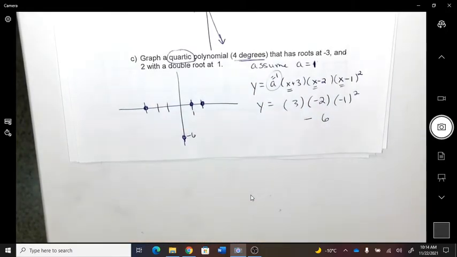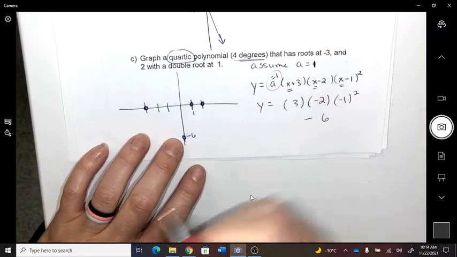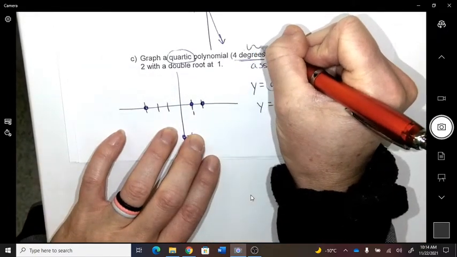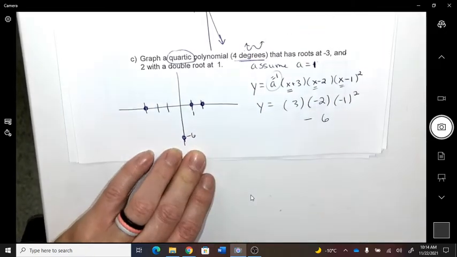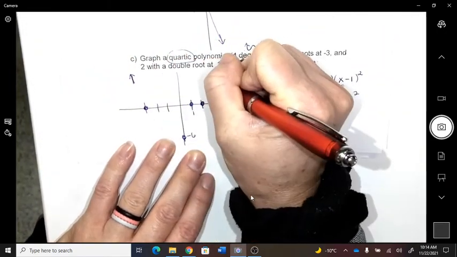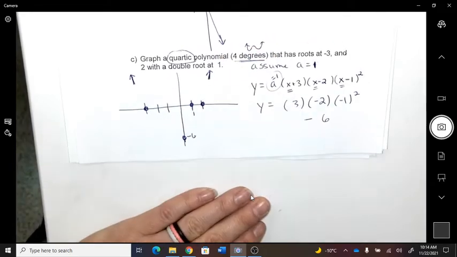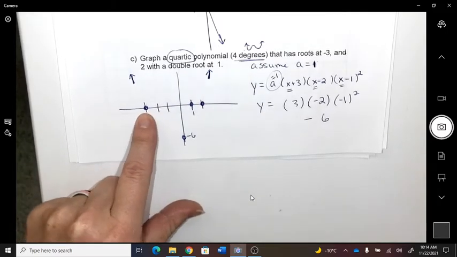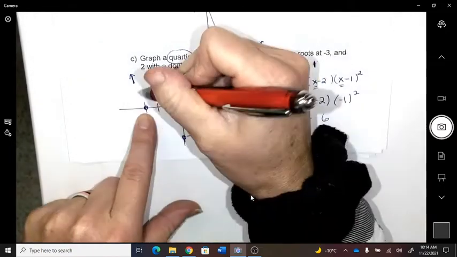Okay, so 4th degree, what's our general shape going to look like? A W. So I'm going to put arrows to make sure I know my arrows better go up and up if I know it's a W. And here we go. -3, what do we want to do? Cross through.